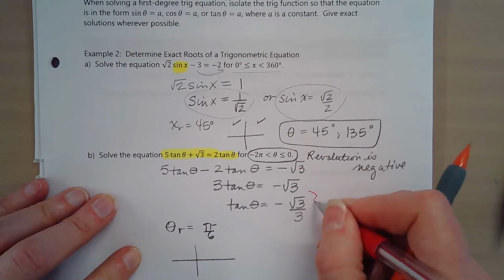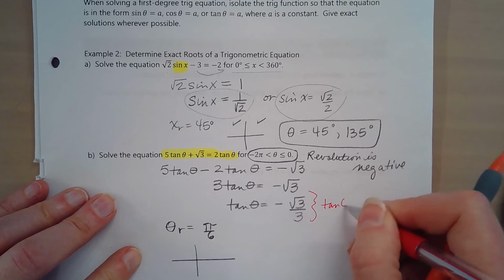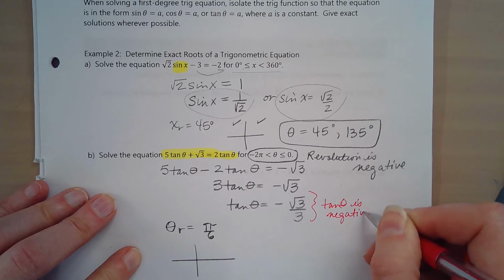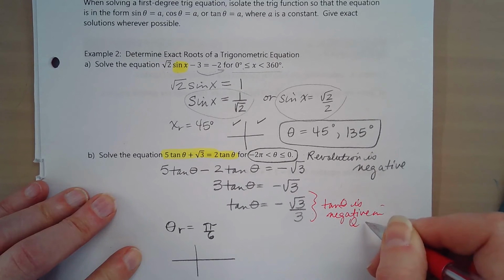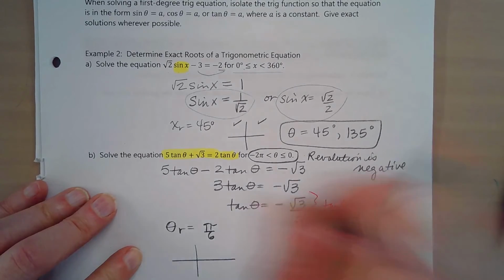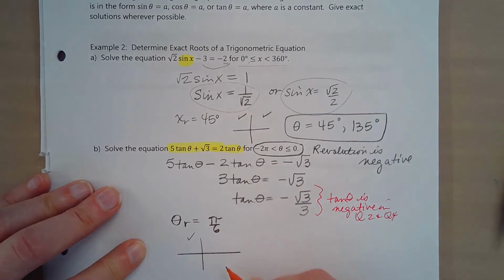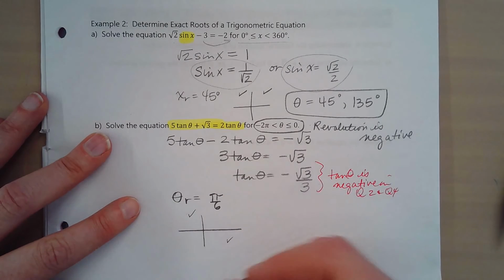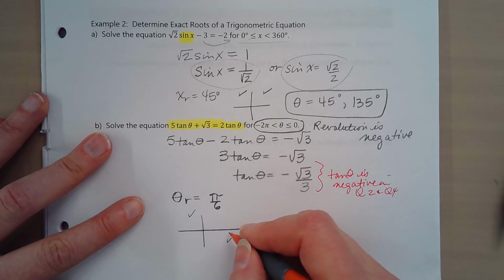So that's my little tan theta is negative in quadrants, what, 2 and 4? So that's where I'm looking. This is quite tricky. Now, instead of going in the positive direction, they're making me go in the negative direction. So I have to stop here.